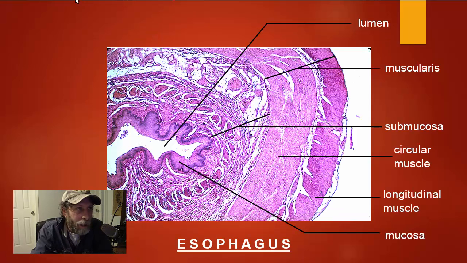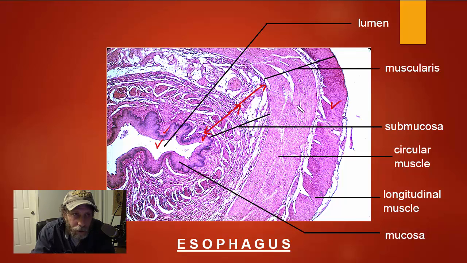Okay, you've already seen the cross-section of the esophagus with the lumen here, the mucosa, the submucosa, and I know it's difficult to tell what everything is. What you've got to do is find your landmark features. If you start at the lumen, you can easily identify the mucosa. If you start at the outer edge, you can easily identify longitudinal muscle.